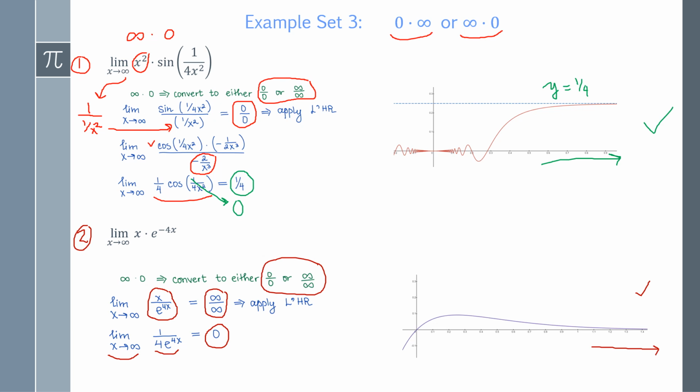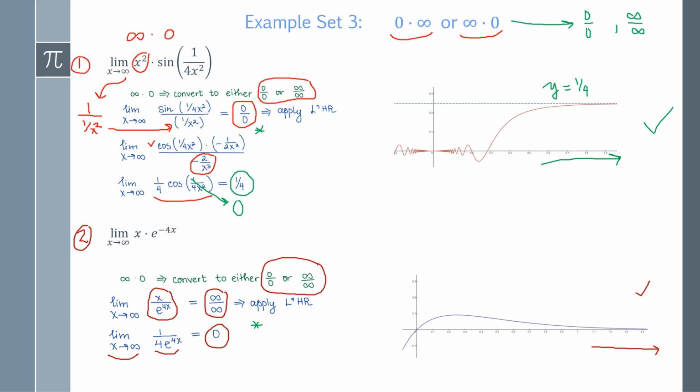So what is the main trick here? Whenever we have the form 0 times infinity or infinity times 0, the order doesn't really matter. We're going to convert it to either 0 over 0, which was the first example, or infinity over infinity, which you saw in the second example.